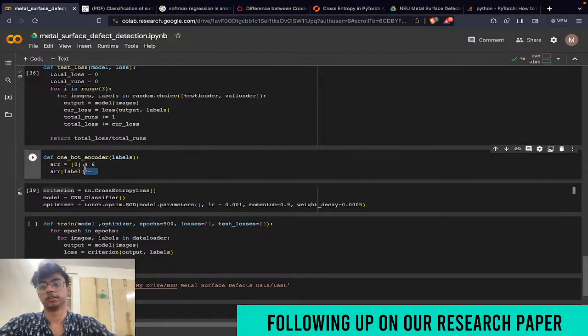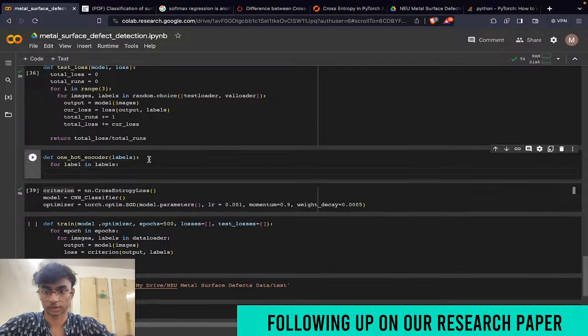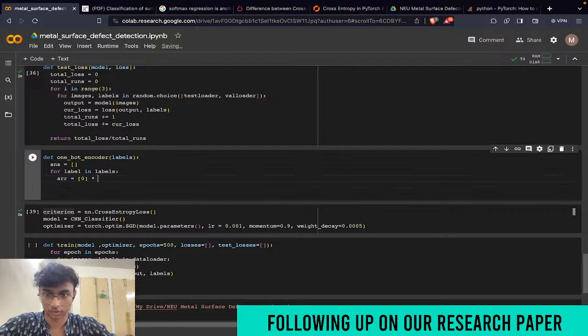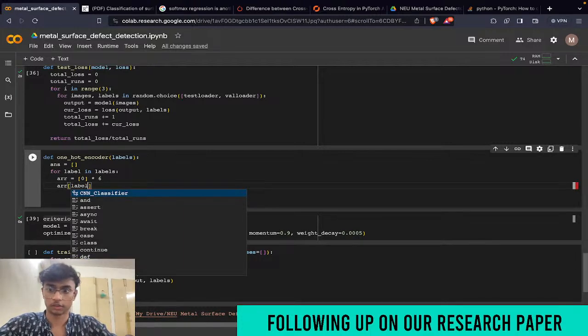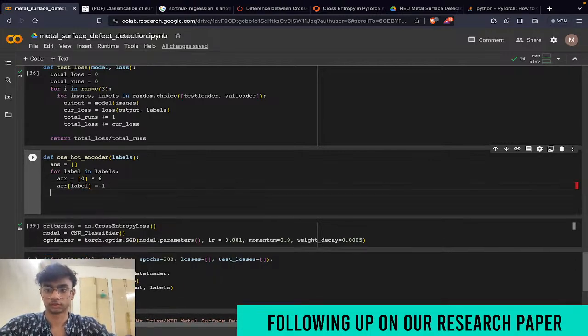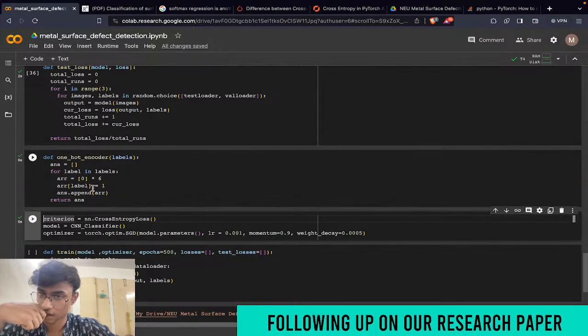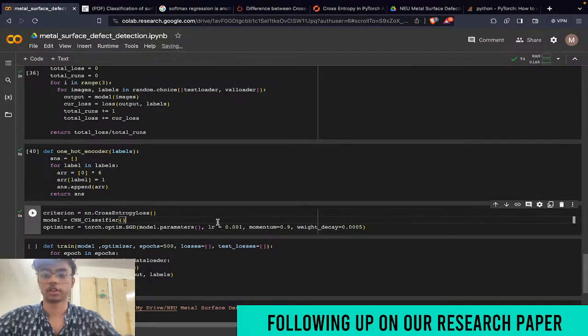You can define a for loop here only, for label in labels, and append to the table. Now that this works, now we have a one hot encoder for our labels.